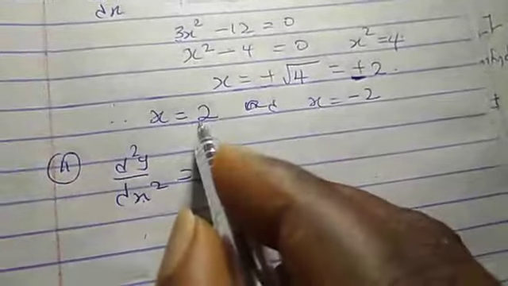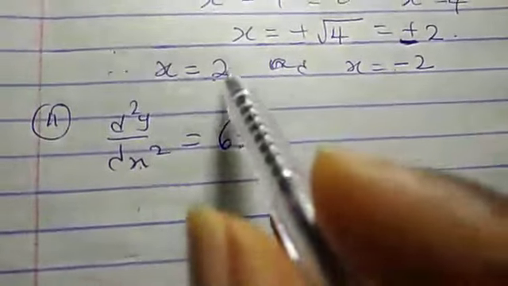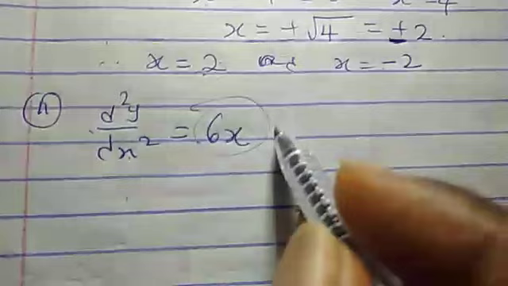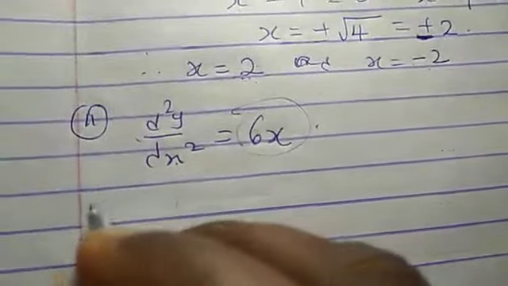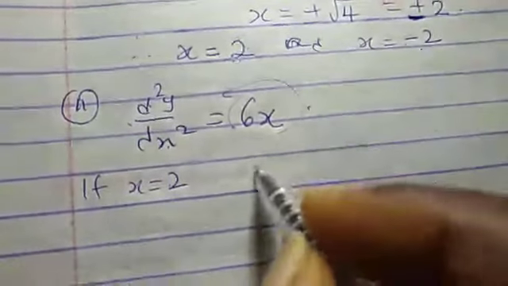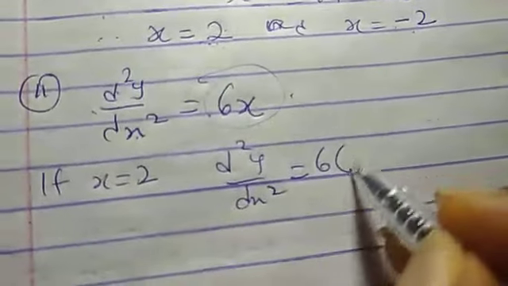Now, let me test this. We substitute these values. We can't know whether this thing is positive or negative. Let us just substitute these values. If I substitute, I'll first say that if s is 2, what will happen? The second derivative will be equal to 6 times 2.